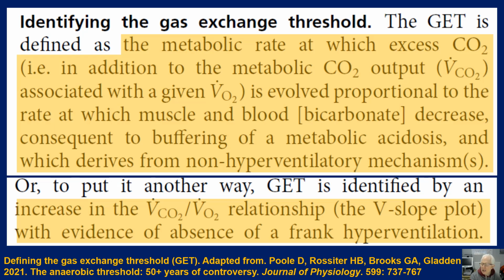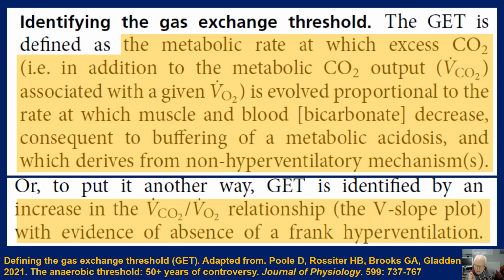But we also understand that there is a concurrent increase in CO2 in relation to exercise intensity to a given point. So as we get an increase in the ATP turnover rate, we get a concurrent increase in VO2. We also then get a concurrent increase in CO2 in relation to that because it's the byproduct of metabolism.